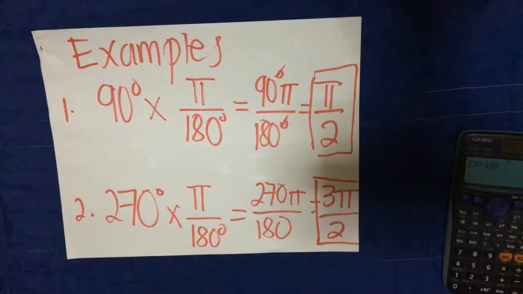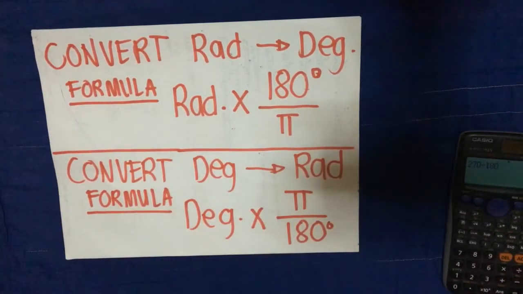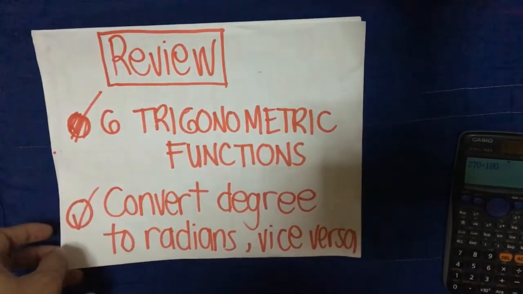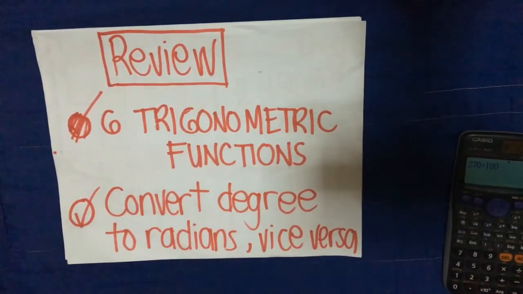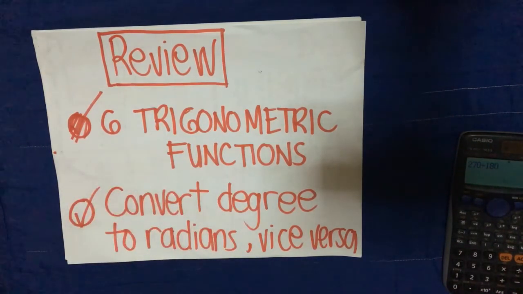The objective of this video is to convert everything again and again. Do not forget the formula in converting this one. As you can observe, we are done with our objective of this video. Our objective of this video is to identify the six trigonometric functions. Again, what are the six trigonometric functions?